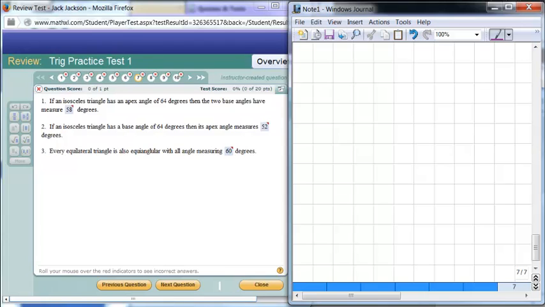If an isosceles triangle has an apex angle of 64 degrees, so the apex angle, one thing you know about isosceles triangle by definition, these two are congruent, but it makes these angles congruent. So the apex angle is the other angle, that's 64 degrees. Well, we know that's x and x, so we know x plus x plus 64 degrees is 180 degrees.